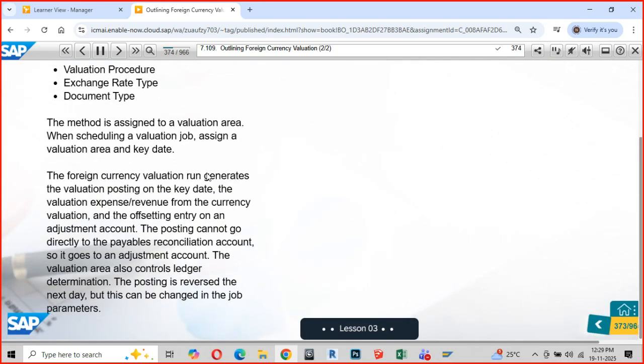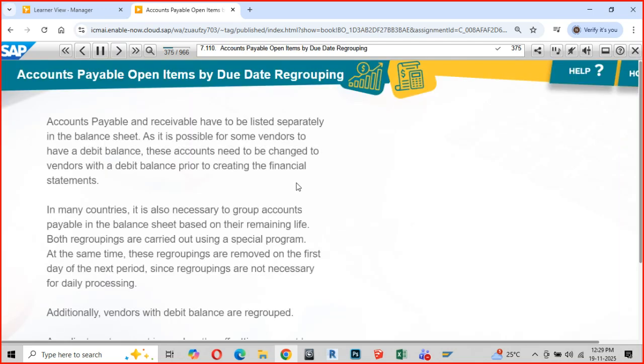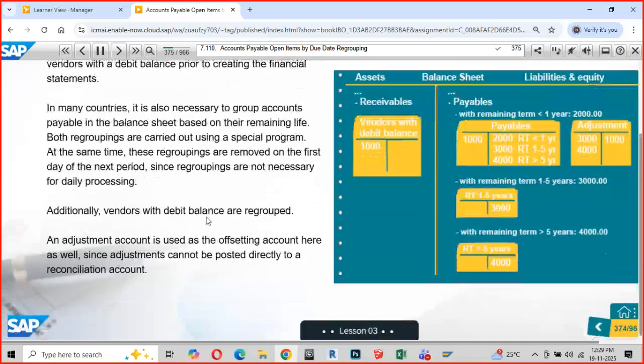Foreign currency valuation also we just saw. So you just go through this slide. Okay, students, all are self-explanatory.